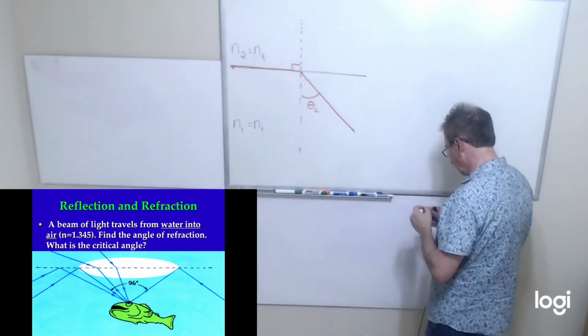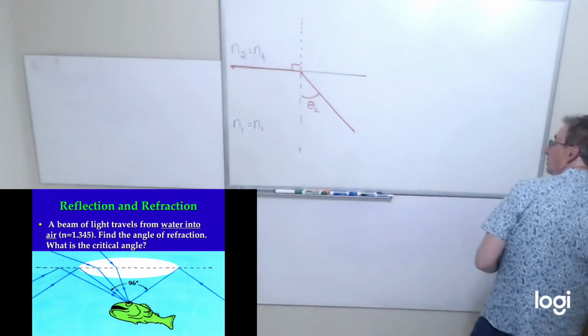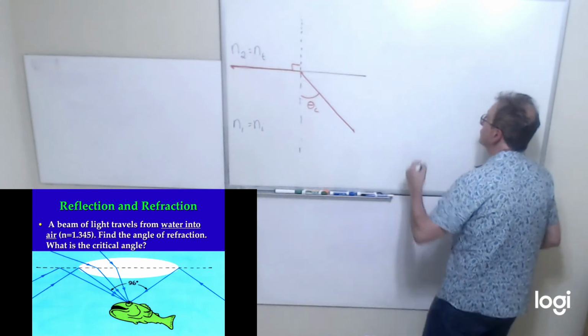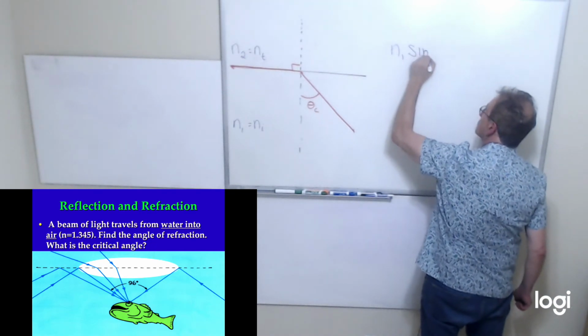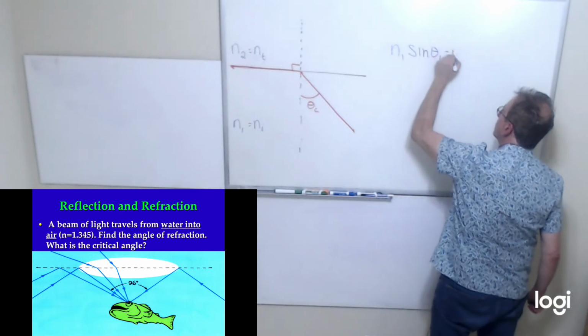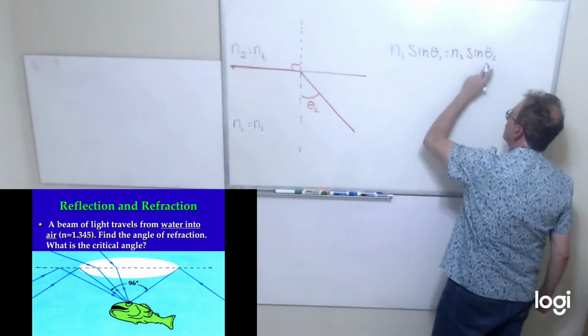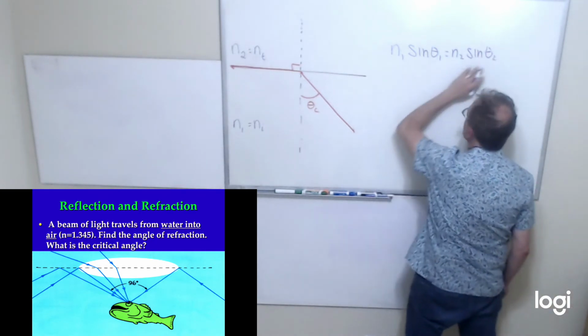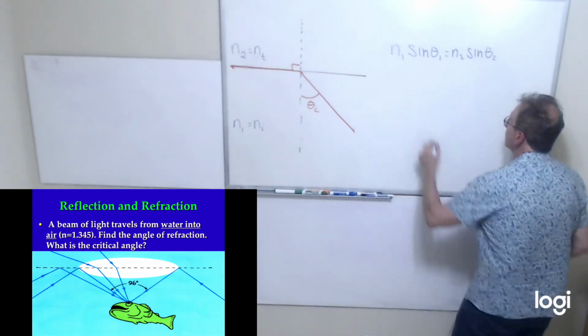And so all I have to do is apply Snell's law to calculate the critical angle. I will start with Snell's law, N1 sine of theta 1 equals N2 sine of theta 2. The theta 2 here is this 90-degree angle, so I'm going to substitute 90 degrees in here.